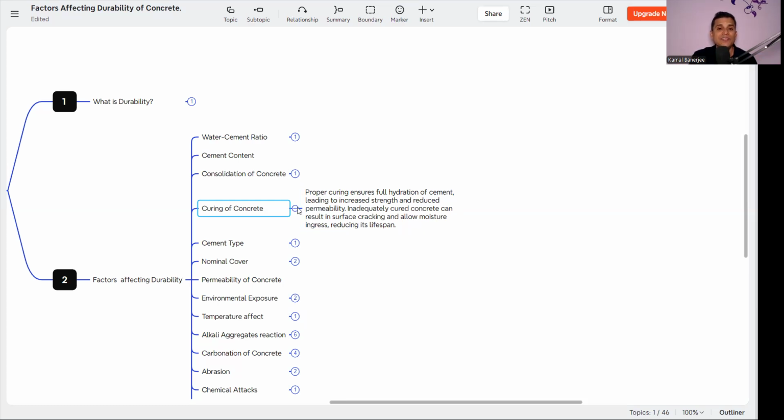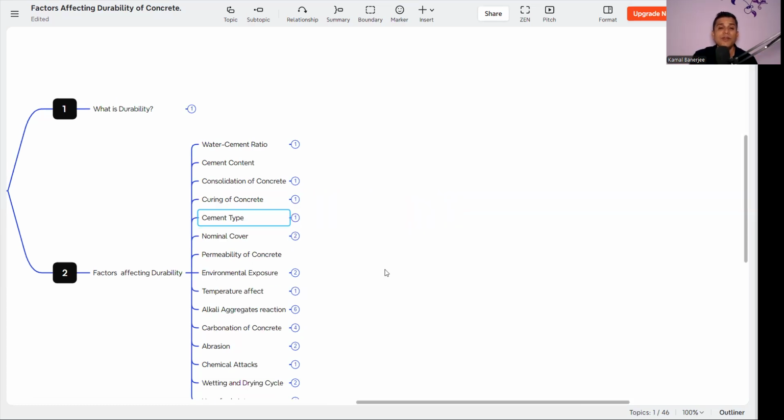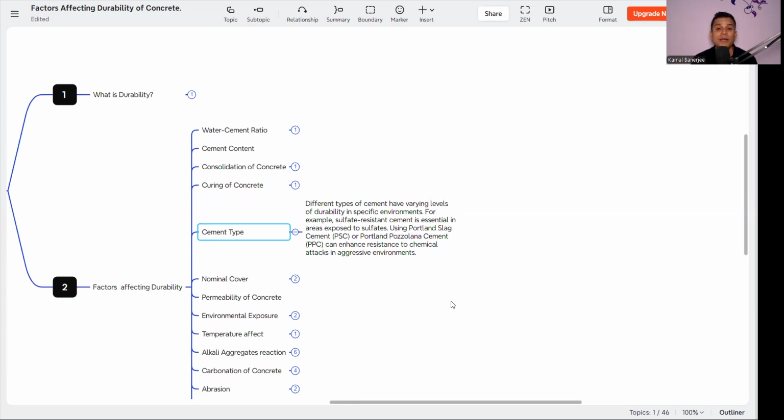So next is cement type. That is also very much important, because different types of cement have varying levels of durability in specific environments. For example, sulfate resistant cement is essential in areas exposed to sulfates. So whatever the area, if it is a very sulfate-heavy area, you need to use sulfate resistant cement, so that if sulfate comes into contact with the cement or the concrete, it will not affect the durability.